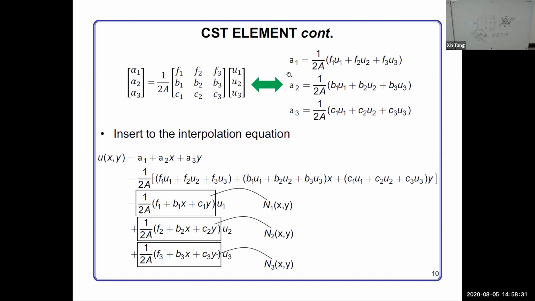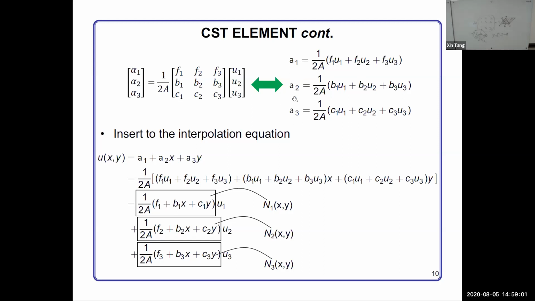I don't know why in the PowerPoint they changed the alpha to A. We will correct those things and upload the slides in Canvas, so you can use the correct form. But this actually is alpha 1. So alpha 1 equals 1 over 2A times F1 U1 plus F2 U2 plus F3 U3. Okay, same thing, you can calculate alpha 2 and alpha 3.